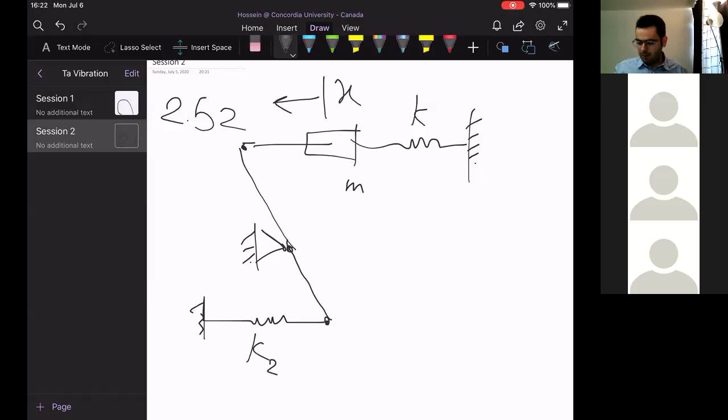This is the direction of the movement of the mass, and this is point O.